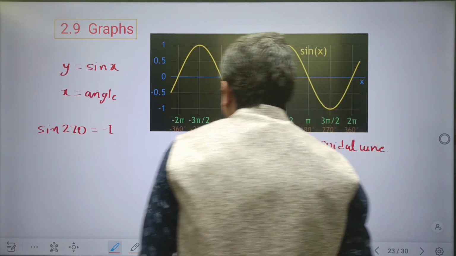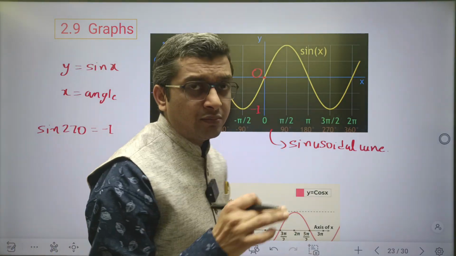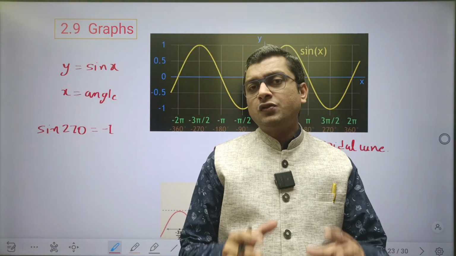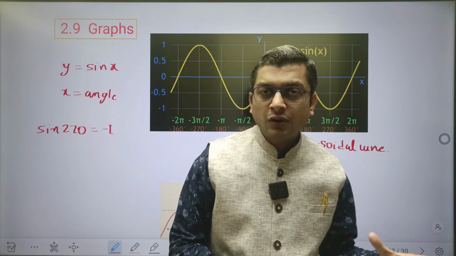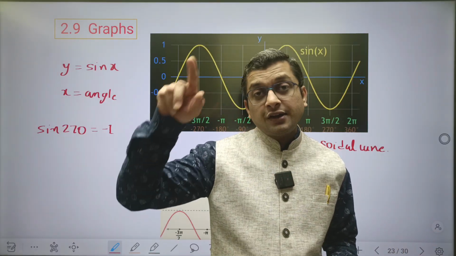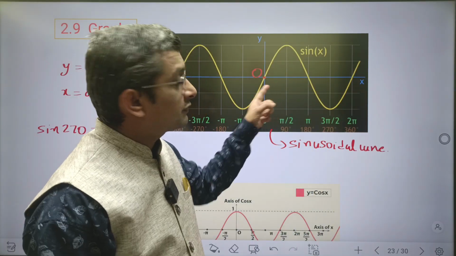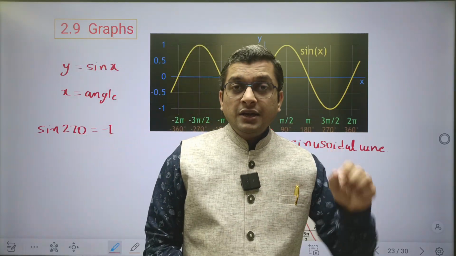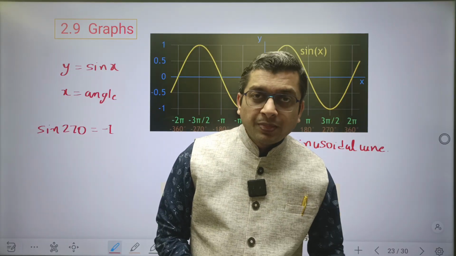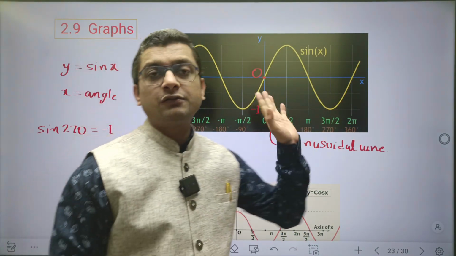Sinusoidal curve. This curve is very, very important, because you must remember in class 12, in the chapter alternating current, the alternating current and alternating voltage are represented by this sinusoidal curve. In electromagnetic waves, the wave phenomena of light is represented by this sinusoidal curve.